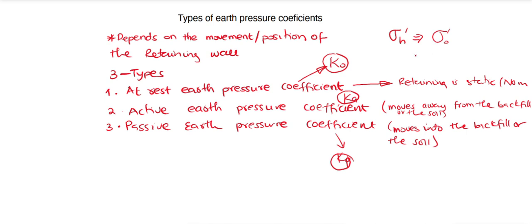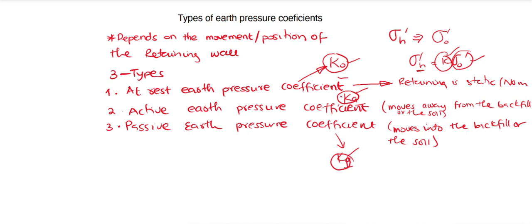You remember this equation? So in order to find our lateral stress, we need our earth pressure coefficient, and we also need our geostatic stress. And we are saying that the earth pressure coefficient that we will need has three types: K naught, Ka, and Kp.